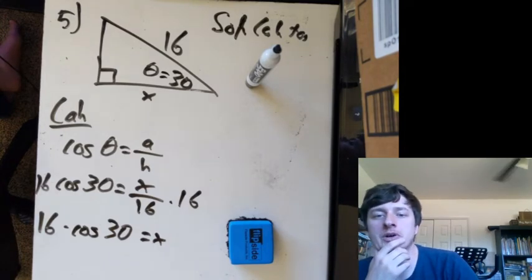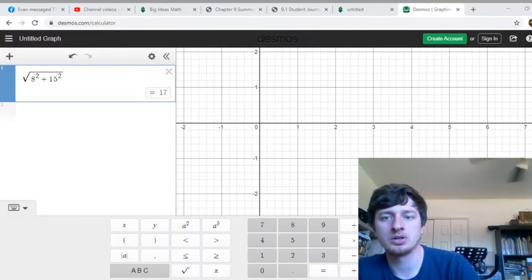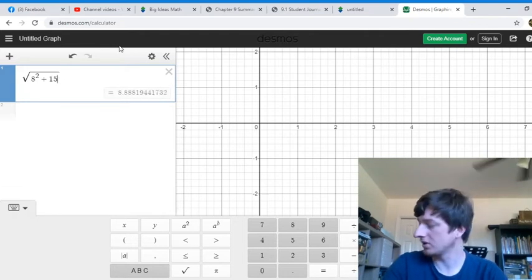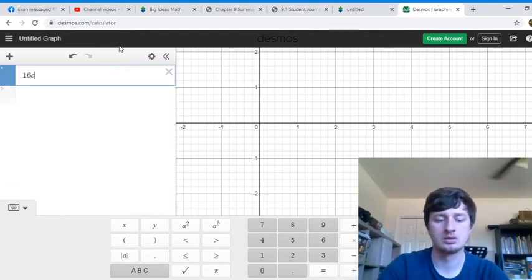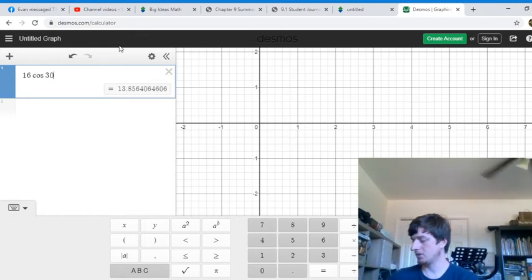Here, so we would go to Desmos, and we would put in 16 cosine 30. So we get x is 13.856.